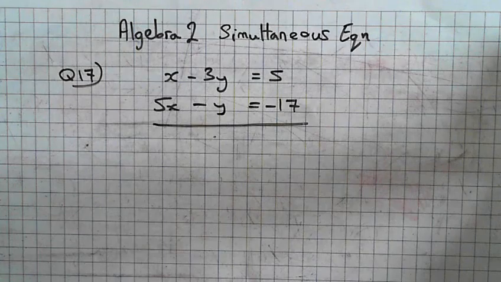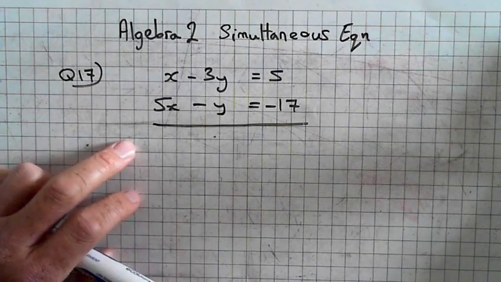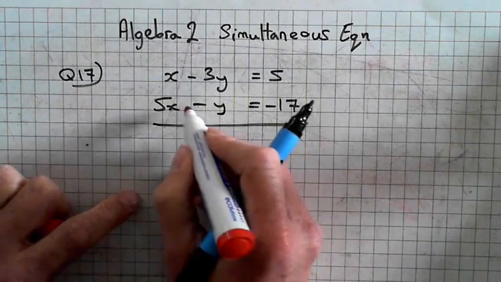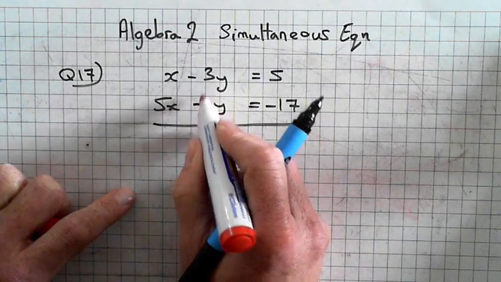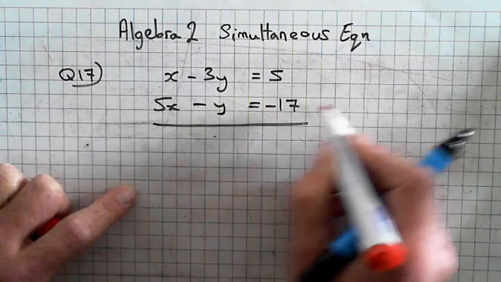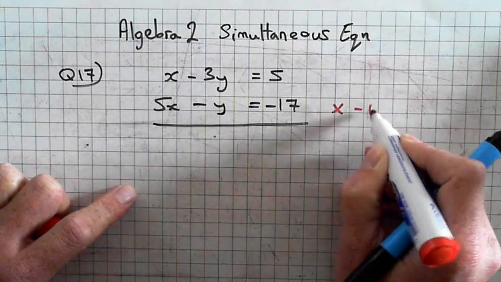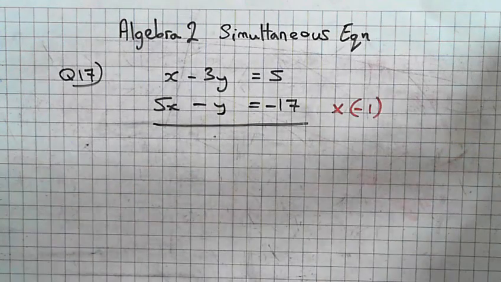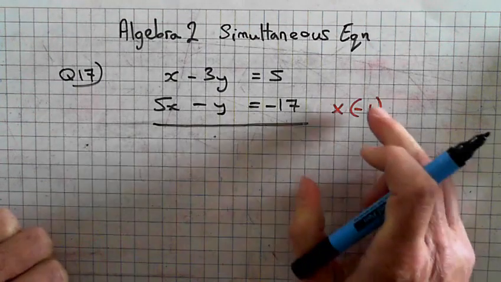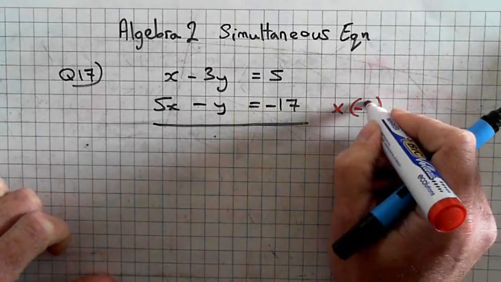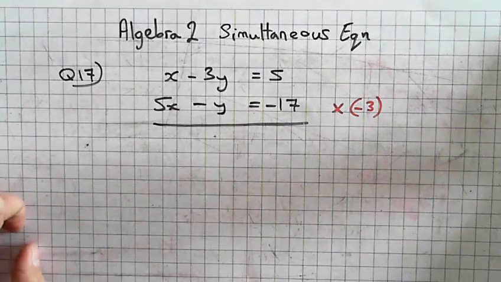So y's, we'll try to cancel the y's. So we can multiply the bottom line by, so we want to make this 3, but if I add those, I'll get minus 6. So I need to multiply the bottom line by minus 1. Sorry, minus 3. Now this is what happens.